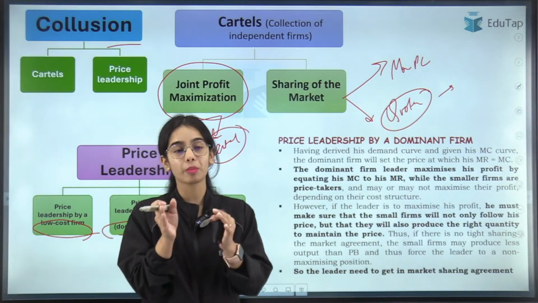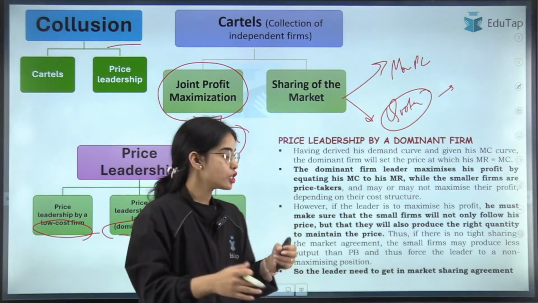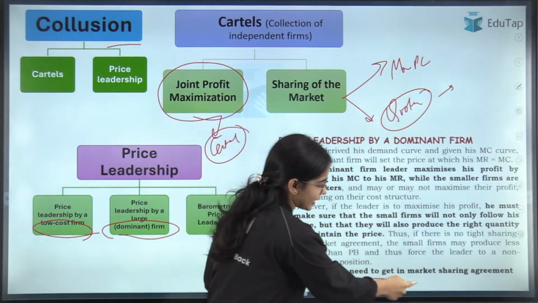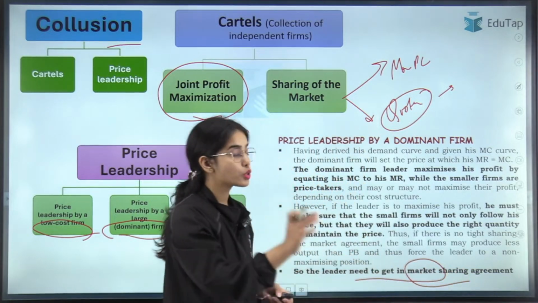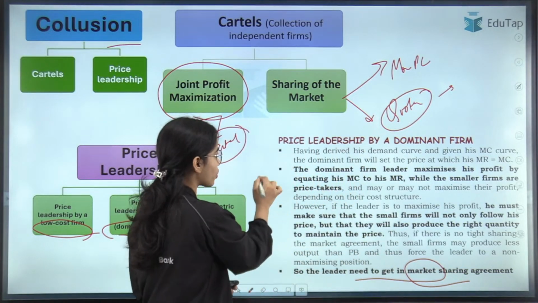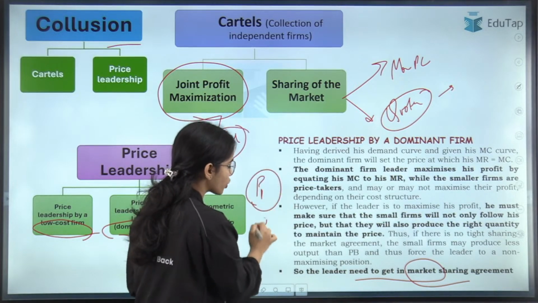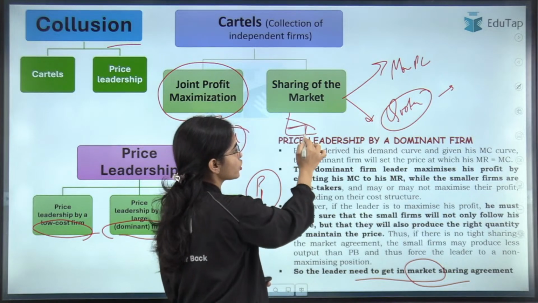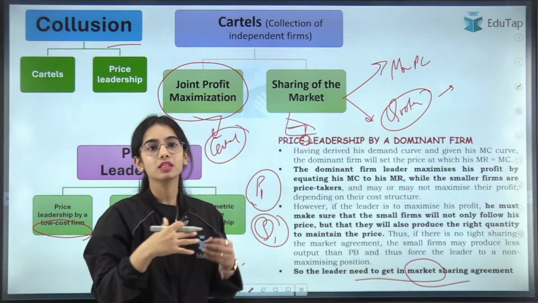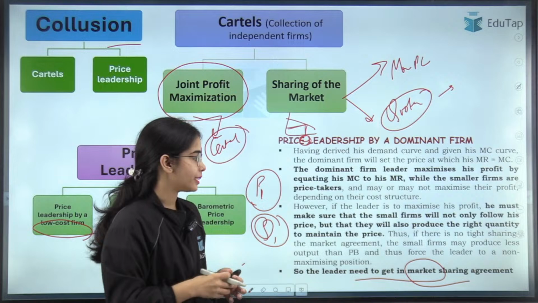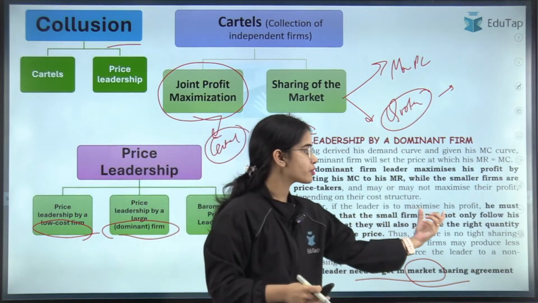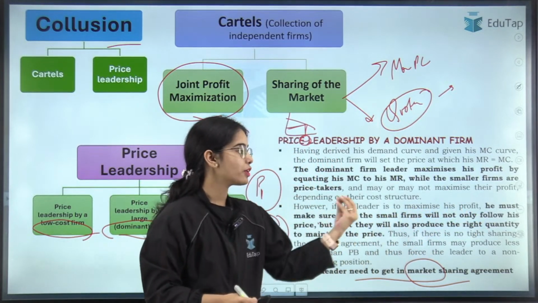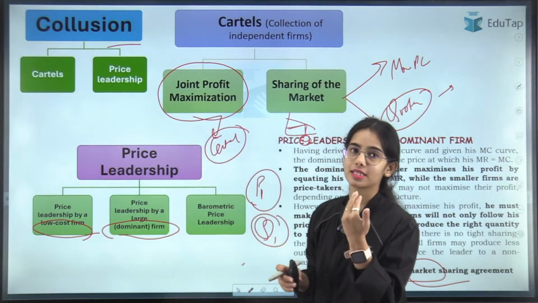The dominant leader has to get into the market sharing agreements also, so that if the dominant leader wants to charge a particular price, the quantity that has to be produced with that price should also be decided, and the sharing of the market should also be decided. So make sure that the small firms will not only follow his price, but they will also produce the right quantity to manage that price.